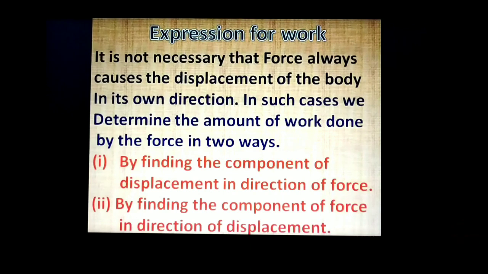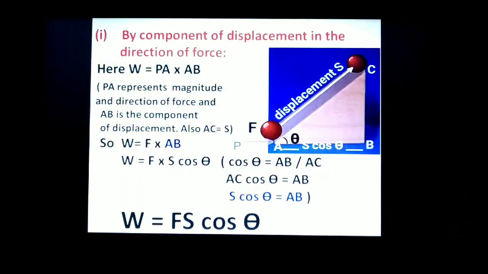Expression for work. Now it is not necessary that force always causes the displacement of the body in its own direction. In such cases, we determine the amount of work done by the force in two ways. First, by finding the component of displacement in the direction of force, and second, by finding the component of force in the direction of displacement.